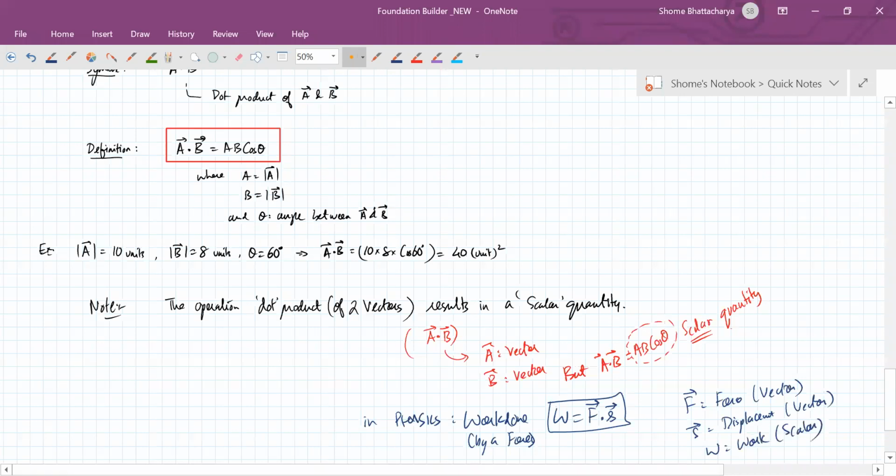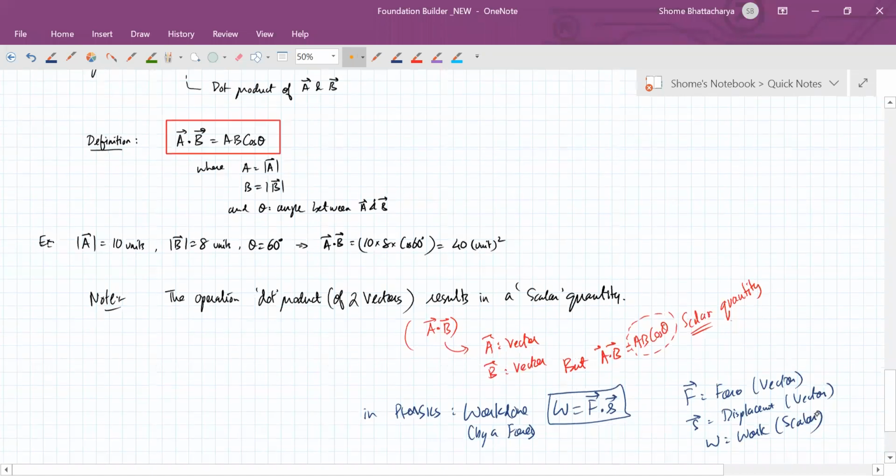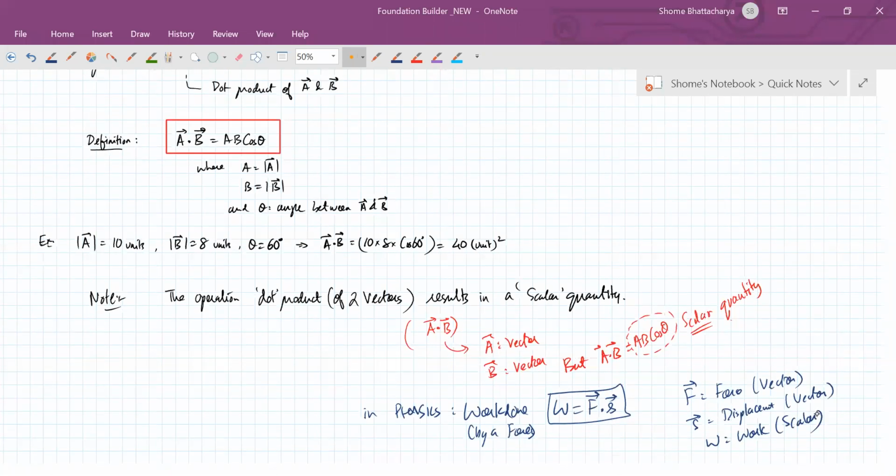Okay. So this is a definition we'll be studying later in the chapter called work power energy. But this is a definition in physics. This is how we define work done. Definition of work in physics.